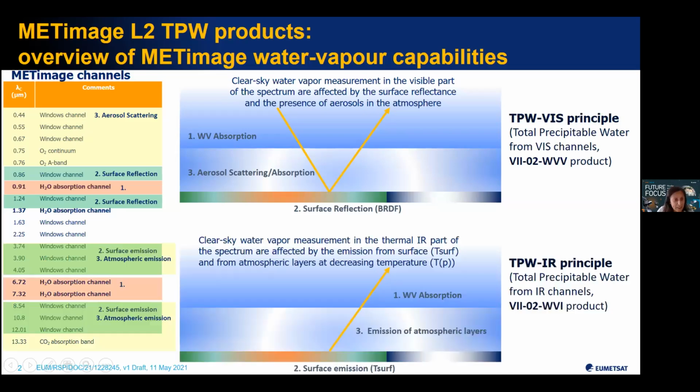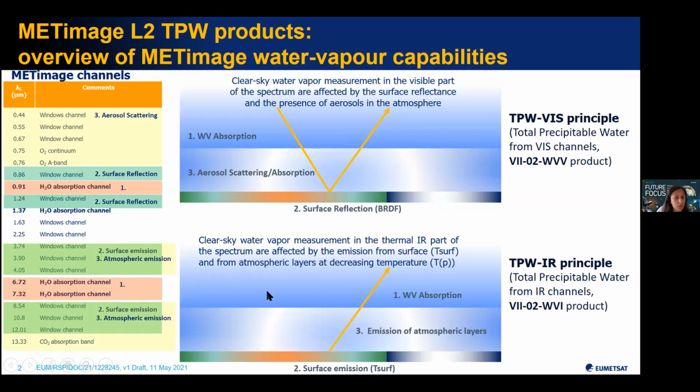Then in the thermal infrared part of the spectrum, we have 2 EUMETIMAGE channels, the 6.7 and the 7.3 channel, both of them located in the water vapor absorption band. In this case, the radiance observed by the satellite in these channels is of course affected by the water vapor profile in the atmosphere, but also by emission from the surface and emission of other layers in the atmosphere.